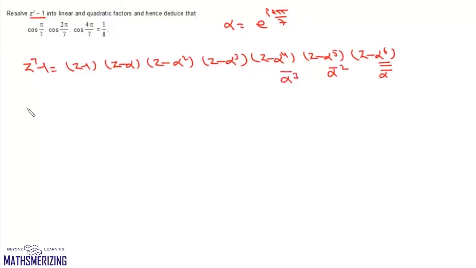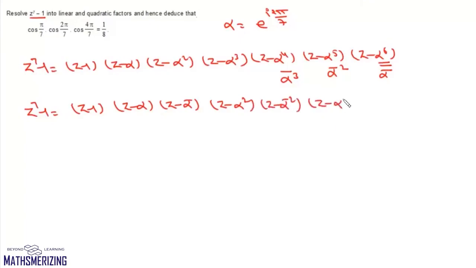So we can write this as z to the power 7 minus 1 equals z minus 1, z minus alpha, z minus alpha bar, z minus alpha square, z minus alpha bar square, z minus alpha cube and z minus alpha bar cube.